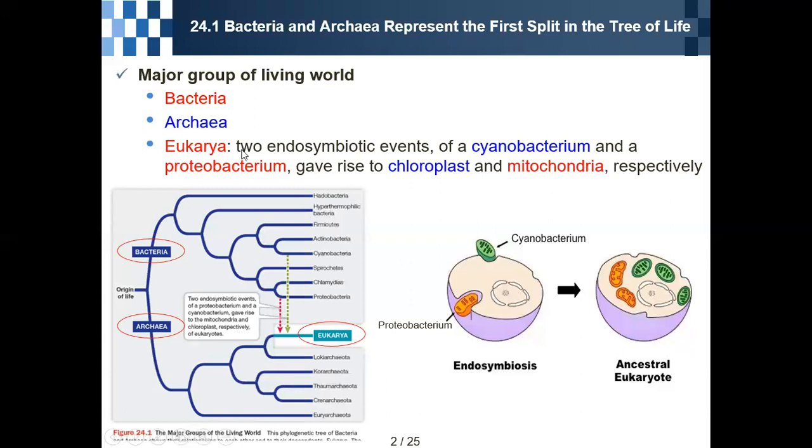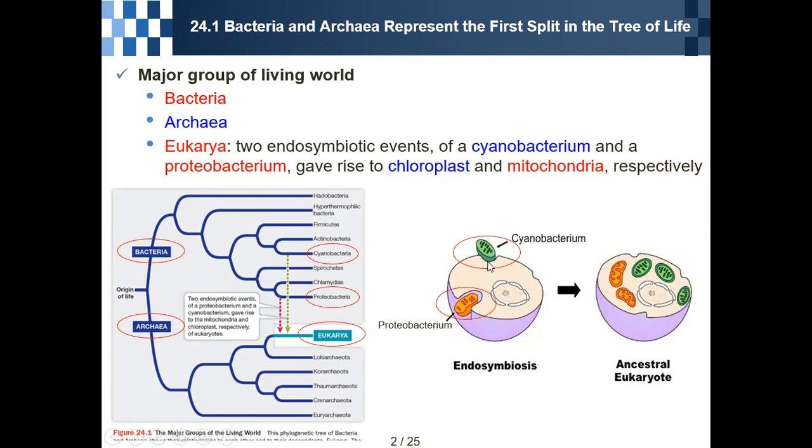Okay, so there were two endosymbiotic events, starting from the cyanobacterium. Cyanobacteria can do photosynthesis, and proteobacteria can synthesize ATP energy.